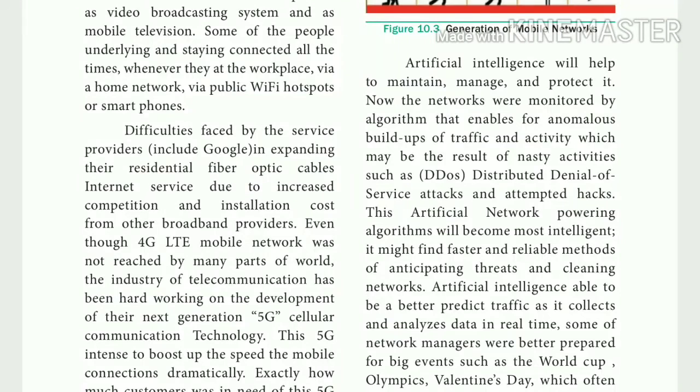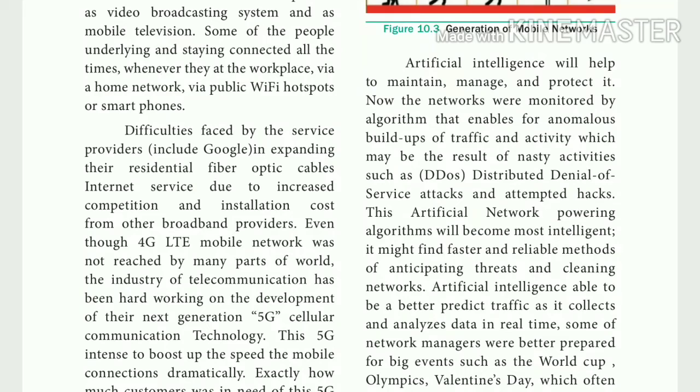Difficulties faced by service providers, including Google, are expanding their residential fiber optic cable internet service due to increased competition and the installation cost of broadband providers. Even 4G mobile networks were not reachable in many parts of the world. The telecom industry has been working hard on the development of next generation 5G networks.